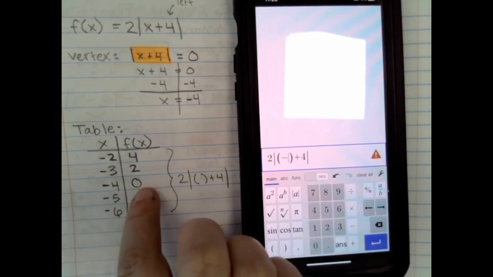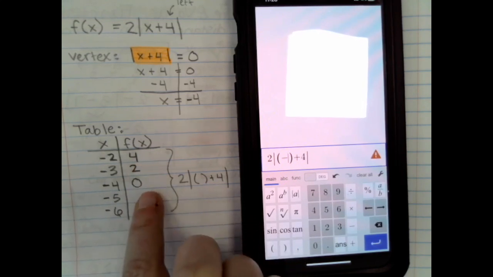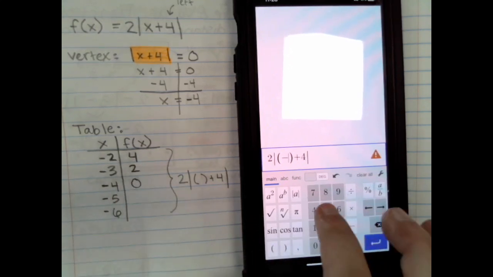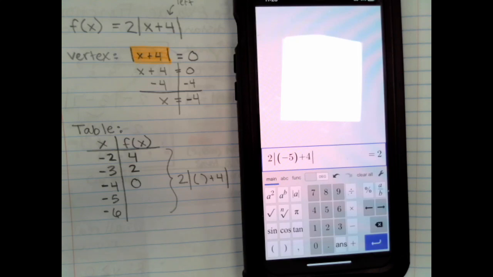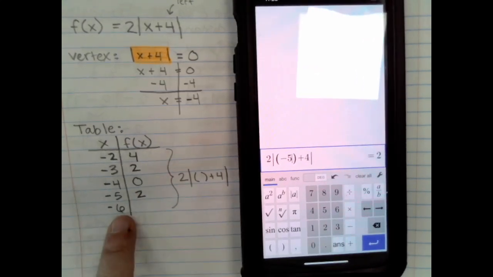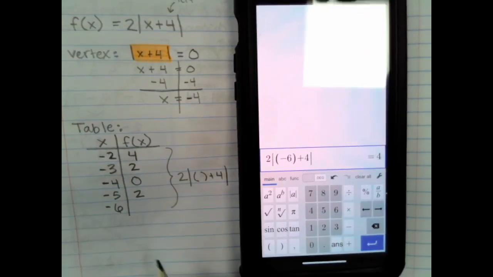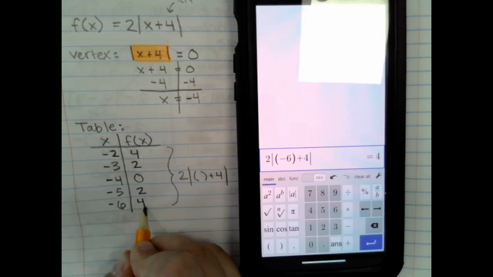Remember when it hits that vertex, what should happen next? Yeah, it should go back, it should repeat. So it should be 2. And when I put in negative 6, what should I get? 4. Yep. And that's a good way for us to check to see if we did it right.